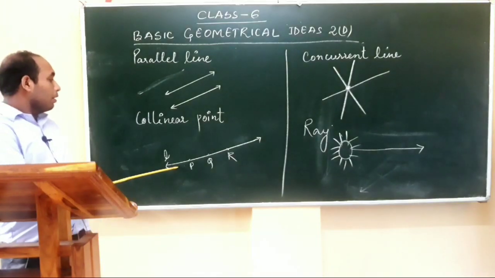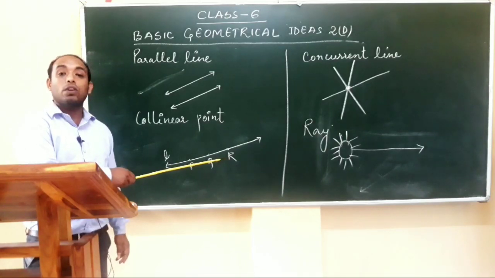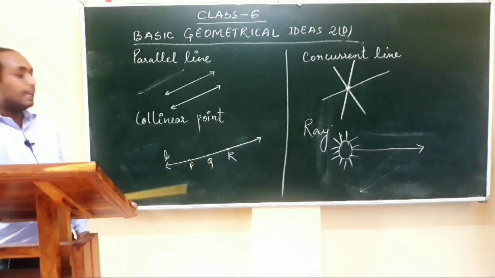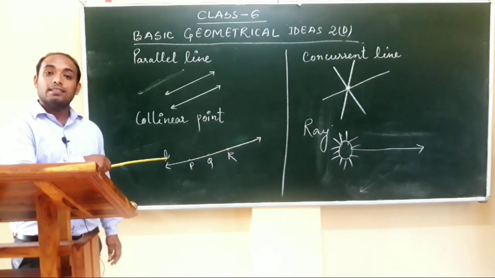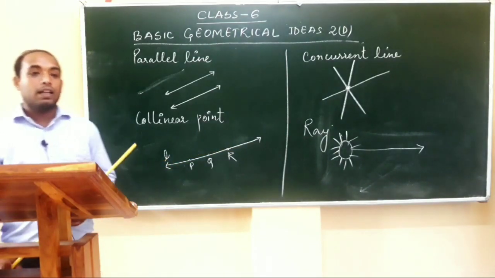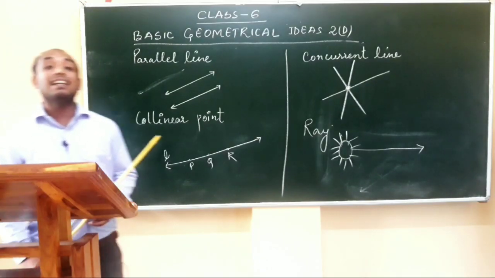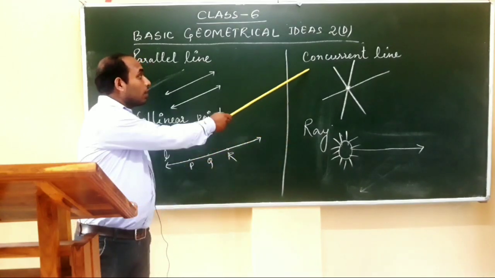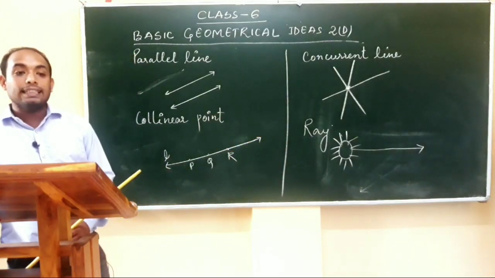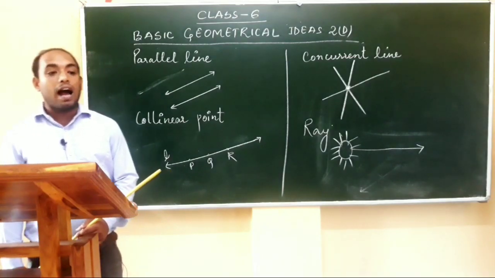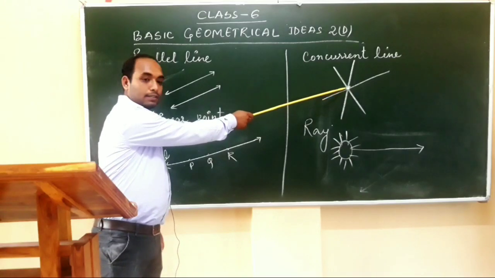In this figure, points P, Q and R are collinear because they lie on the same line L. Our next topic is concurrent lines. What are concurrent lines? Three or more lines in a plane are concurrent if they pass through the same point.